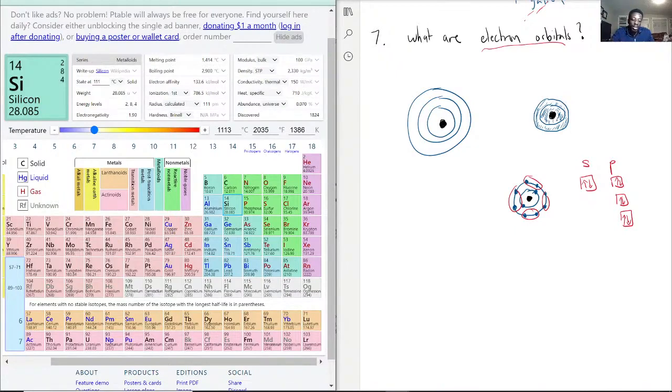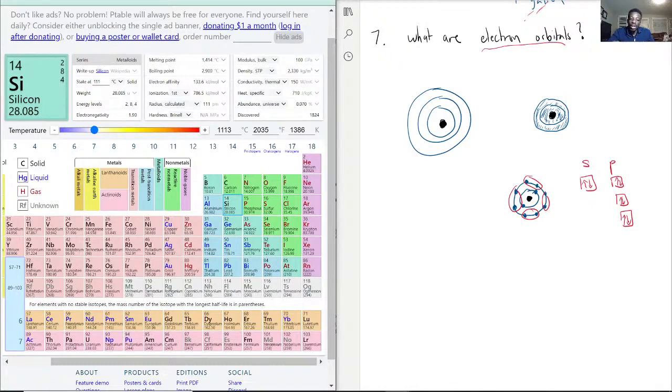Silicon is in group 14, so it has 4 in its valence shell. The reason why is because it has 4 more electrons than neon, and neon is right here, it's full. If I asked how many are in neon's valence shell, you wouldn't say 0, you would say it still has 8, because that's what a full shell is, at least in that area.